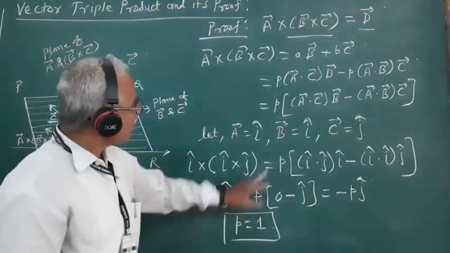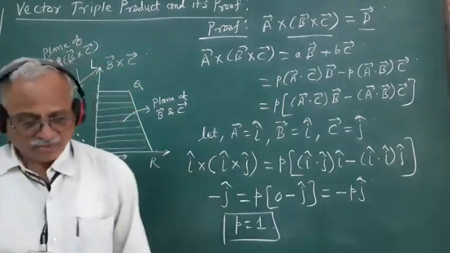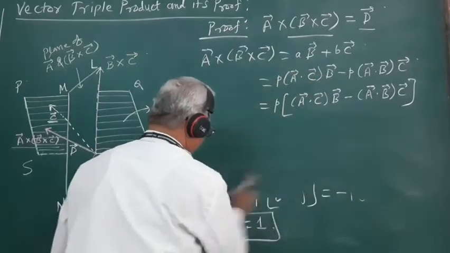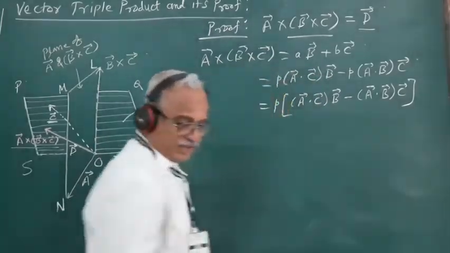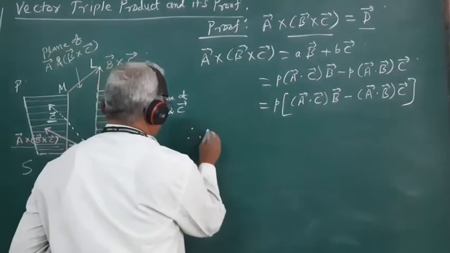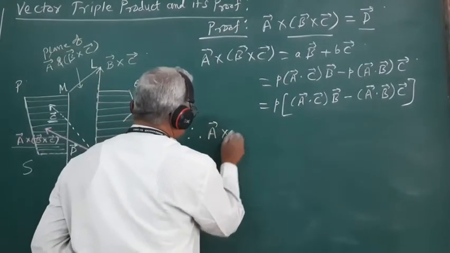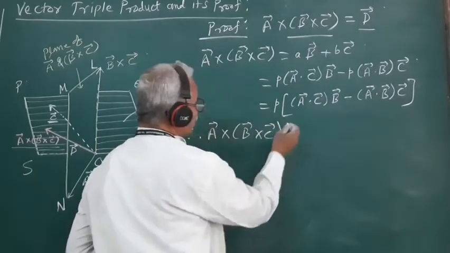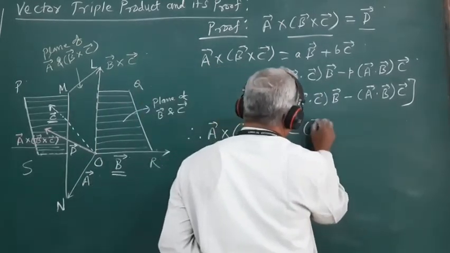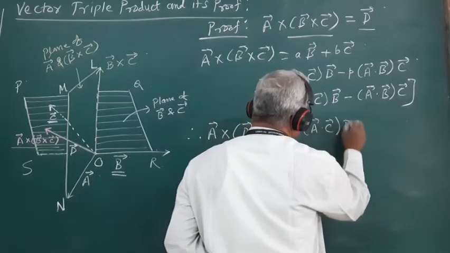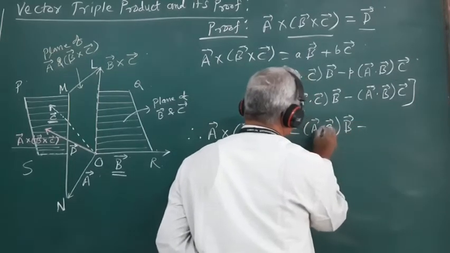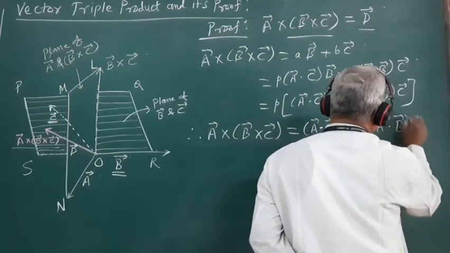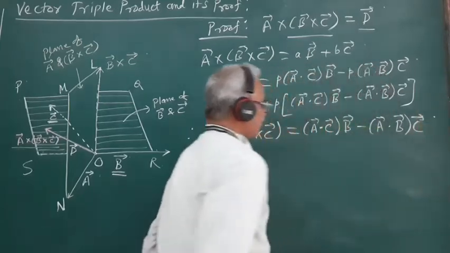So using this value of P in this expression, substituting P by 1, we get, therefore, A bar cross B bar cross C bar is equal to A bar dot C bar into B bar minus A bar dot B bar into C bar.